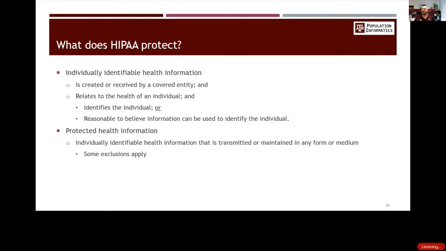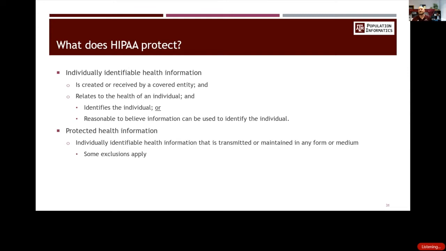And this definition is kind of vague, particularly to many computationally minded data scientists. Well, like, what is reasonable? When I can apply these very sophisticated techniques to re-identify somebody, of course, just about anything is identifiable. And I hear you, I sympathize. The law is quite vague in this.